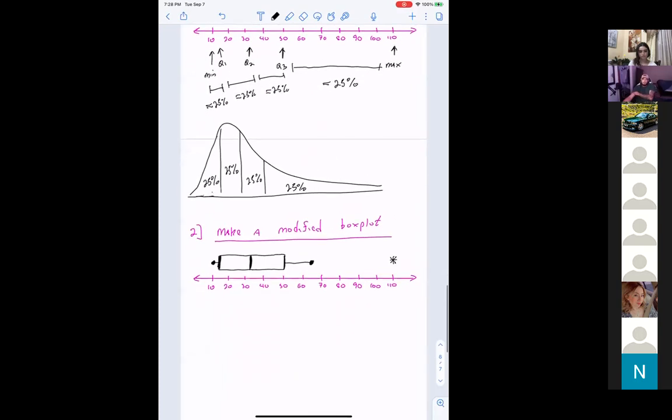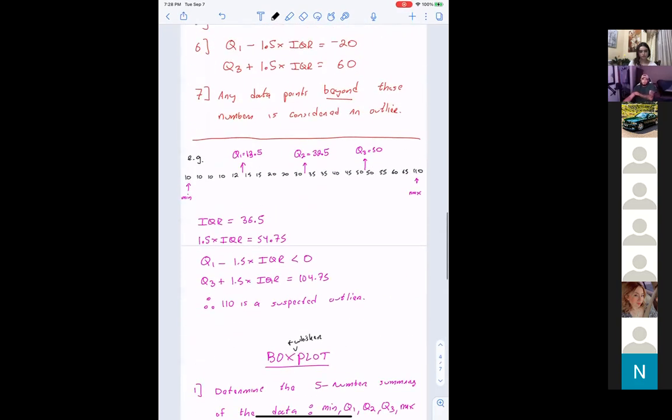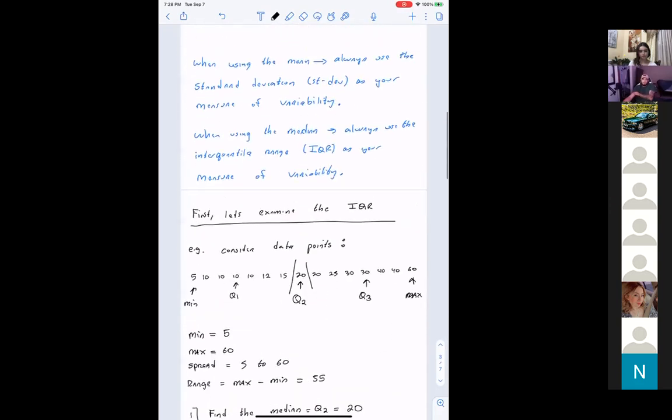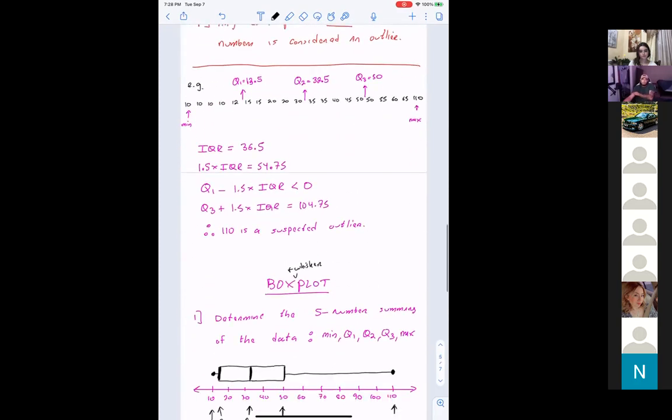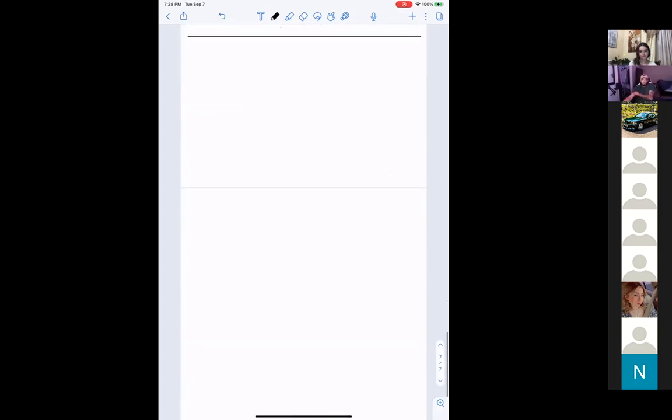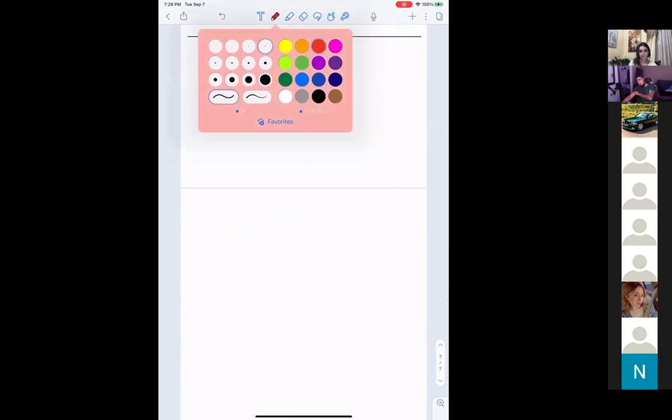So all of that, and this is important, is to be used if you're using the median. Hopefully I said that somewhere in the beginning. When using the median, always use the IQR as your measure of variability. What about if you decide that the mean is the more appropriate measure to use?